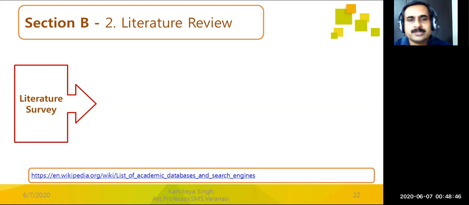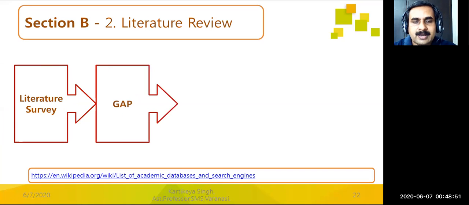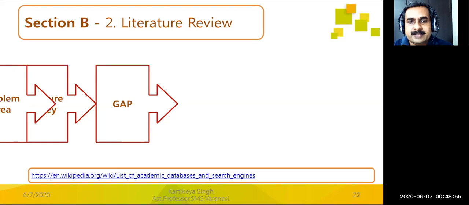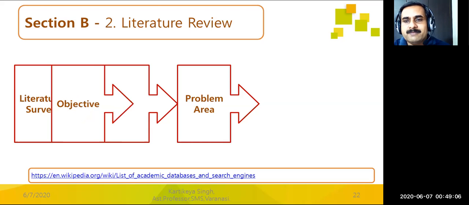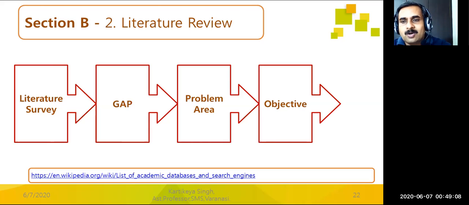So first you do the literature survey, then you identify the gap on the basis of your extensive literature survey. After identifying the gap, you are aware of what kind of problem already exists, on the basis of which we go ahead with the research problem. And on the basis of that problem area, we ascertain our objective, what all objectives we can devise on the basis of the problem area, which is devised through the gap, and ultimately the gap is driven through an extensive literature survey.